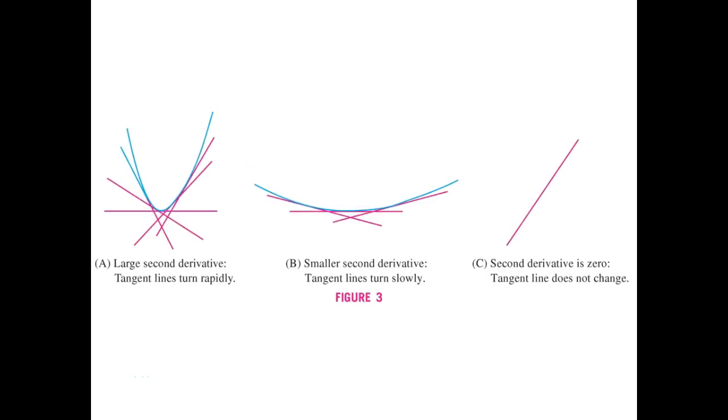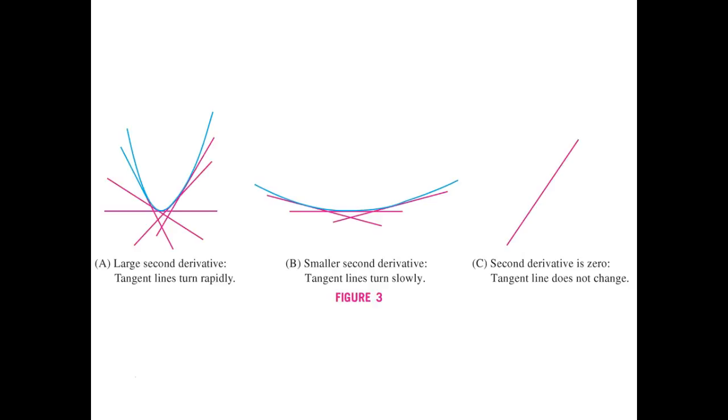I don't know exactly why they did what they did here, but I take it that this blue line here is our original parameter, which could be your displacement vector or displacement function.